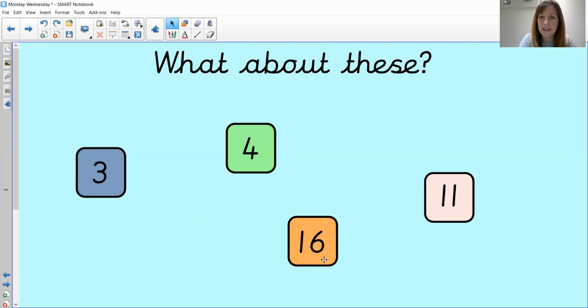So 16 is a composite number, again, because it has more than 2 factors. I wonder if you can tell me what factors 16 has. 1, 16, 4, 2, and 8. And 11 is a prime number. It has exactly 2 factors, 1 and 11. Well done for having a go at that, and very well done if you got all those right.